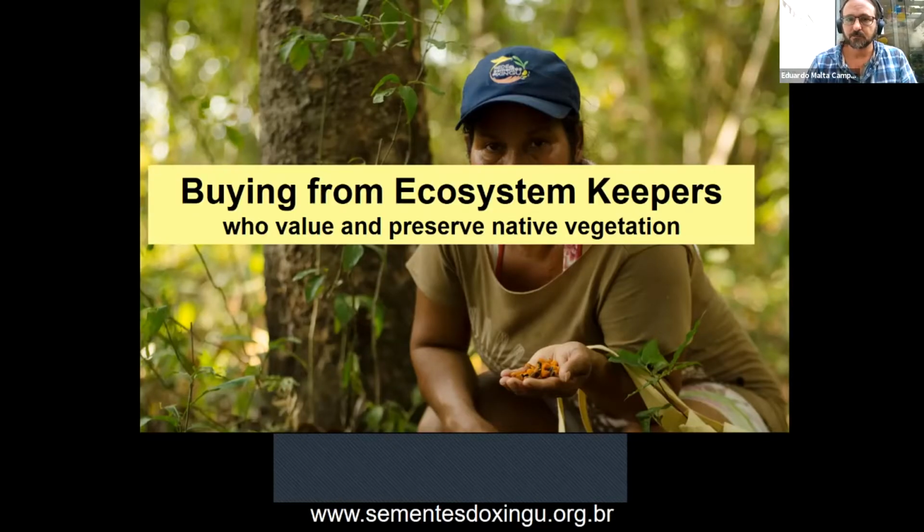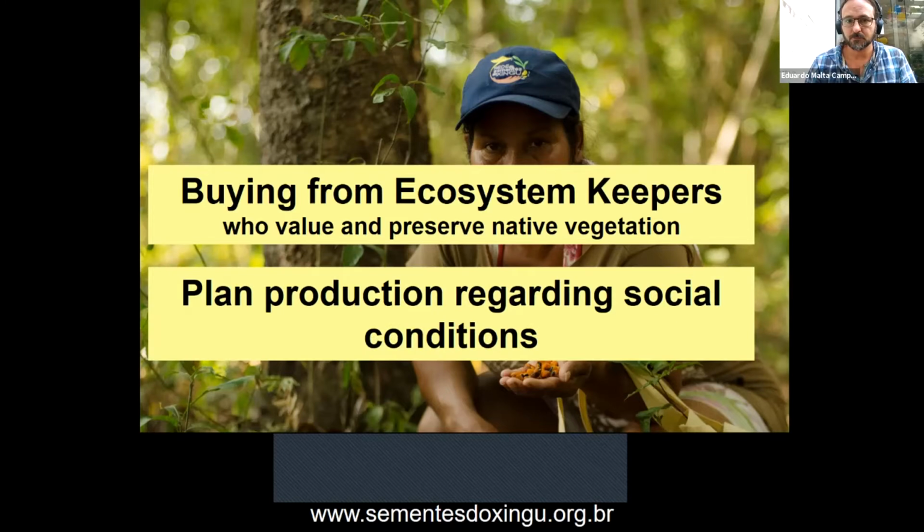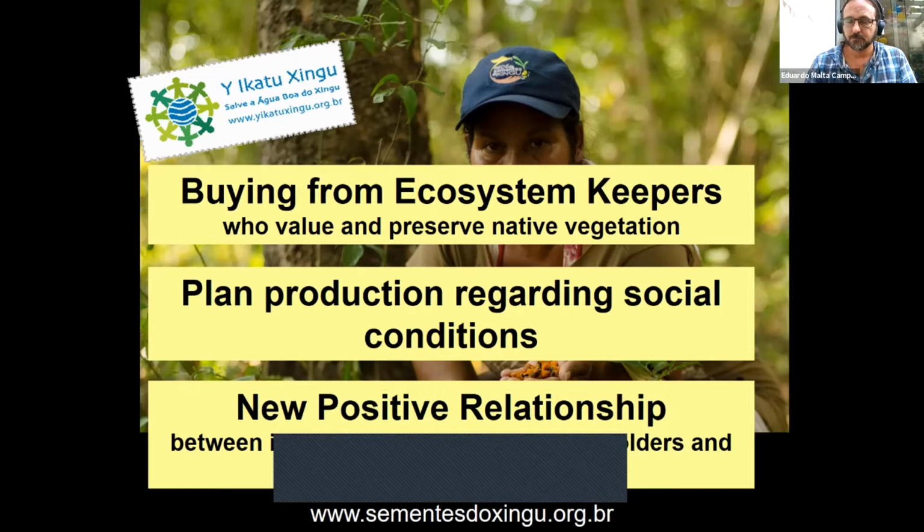So we buy from ecosystem keepers who value and preserve native vegetation. We plan production regarding their social conditions and knowledge. And we work on a new positive relationship between those social actors.